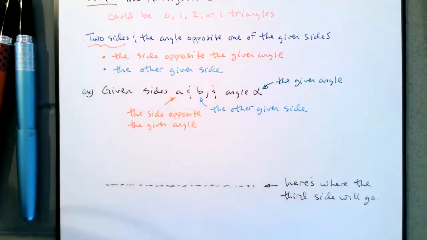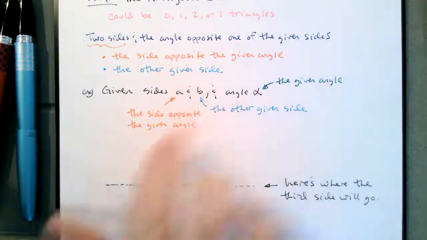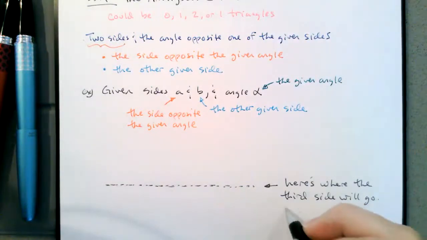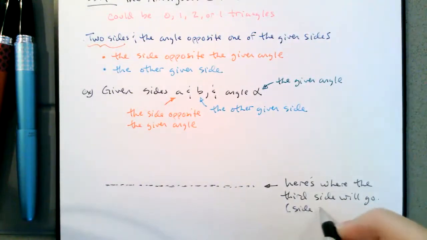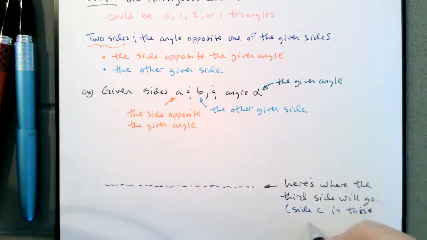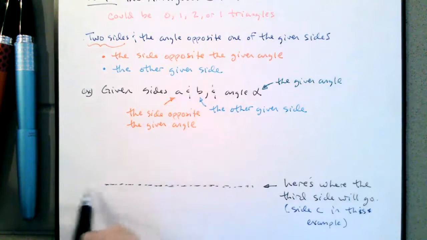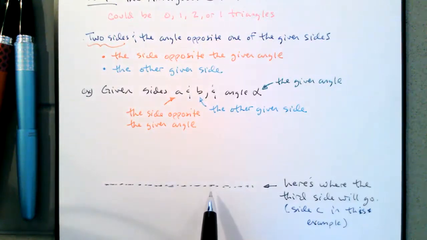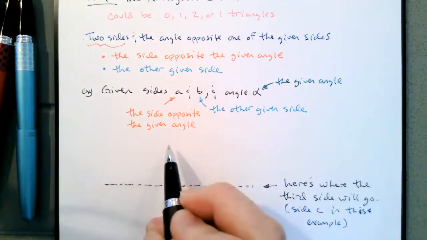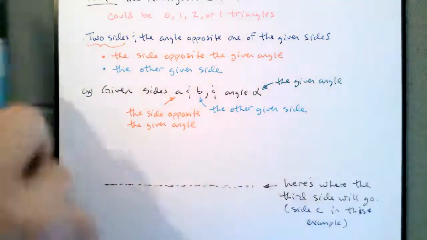I'm going to draw the angle alpha between side B and side C. So somewhere along here is side C. I'm going to draw side B connected to side C. That's the other given side.